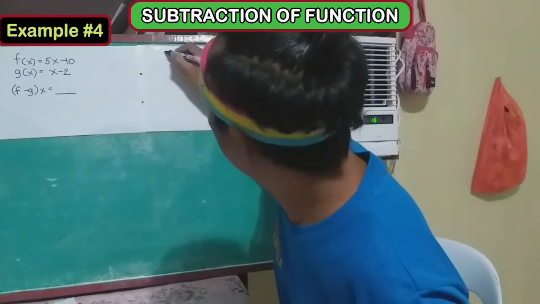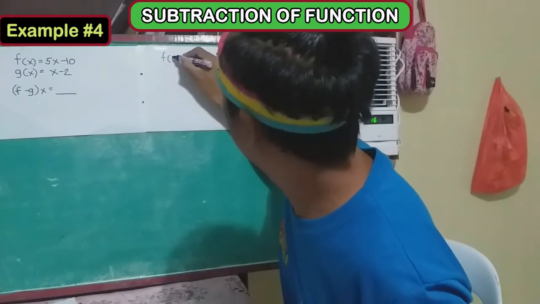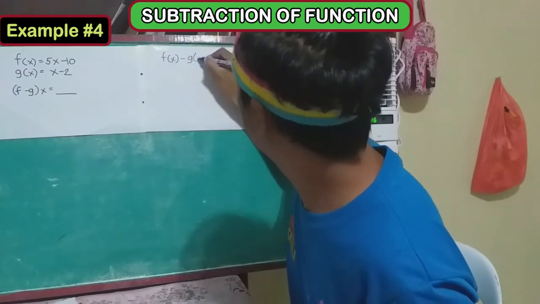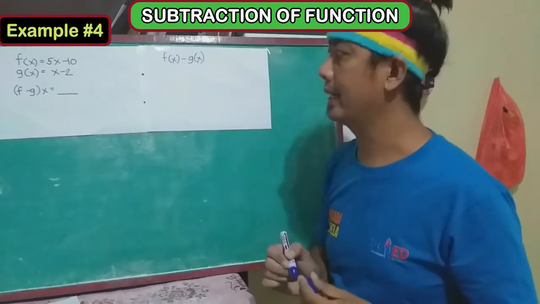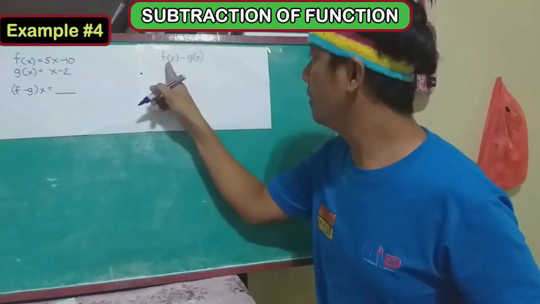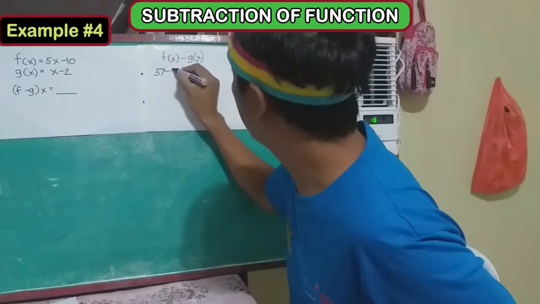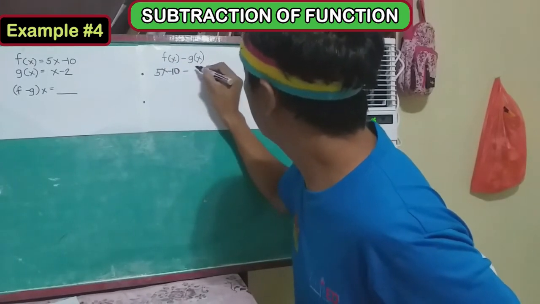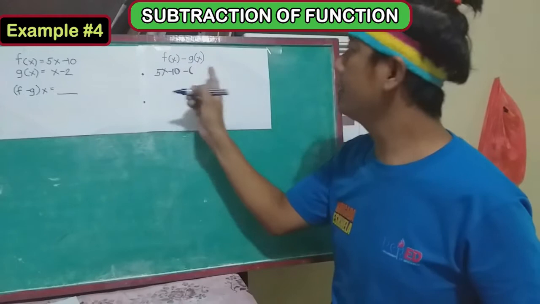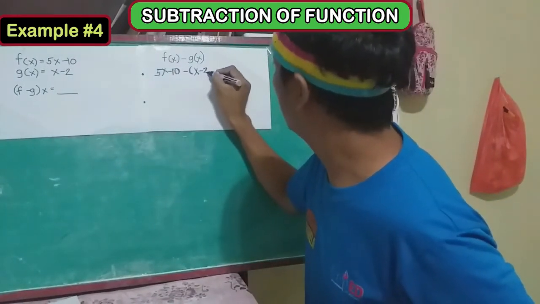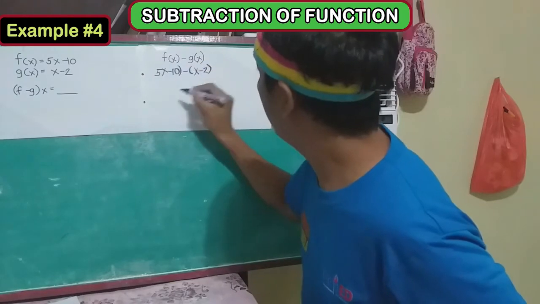Solution is f of x minus g of x. Pagmaminusin lang natin. Ano ngayon yung function of f? 5x minus 10. Minus, ano naman yung function of g? X minus 2. Ito yung function of f.